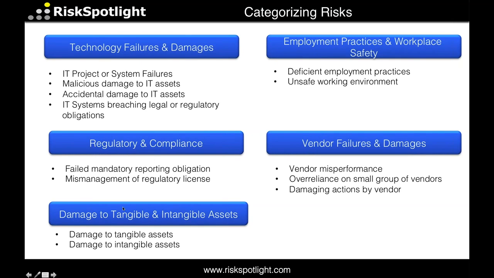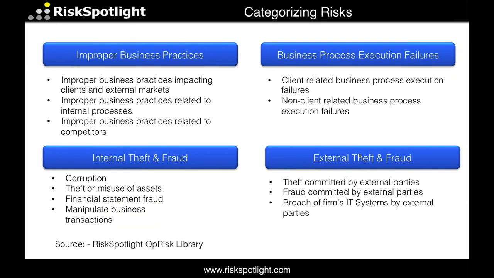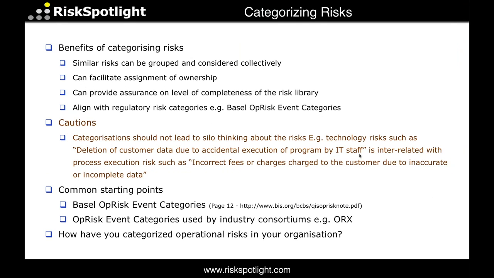And then we have technology failure and damages, regulatory and compliance, damage to tangible and intangible assets, employment practices and workplace safety, and vendor failure and damages. So those are the categories we have used to categorize the 125 risks we created.